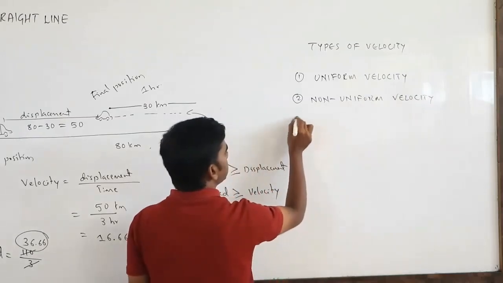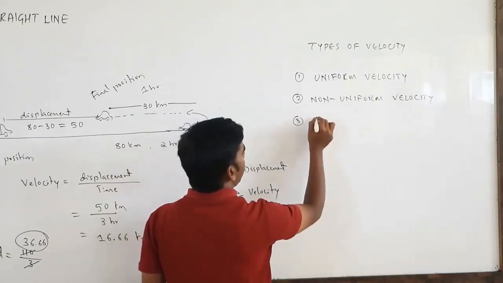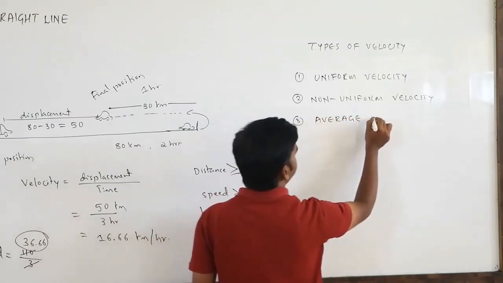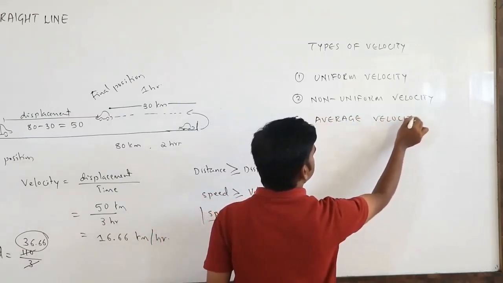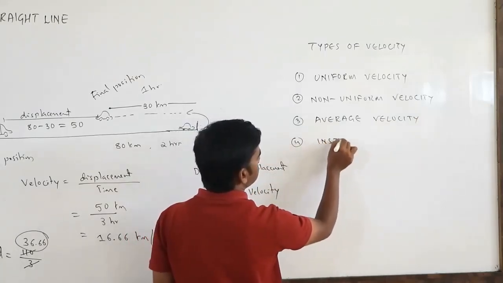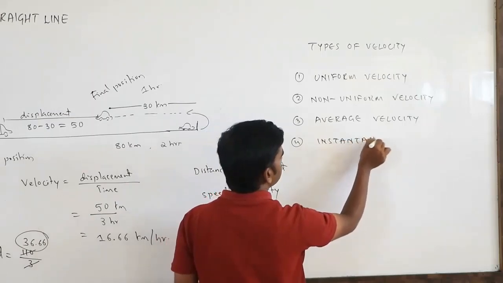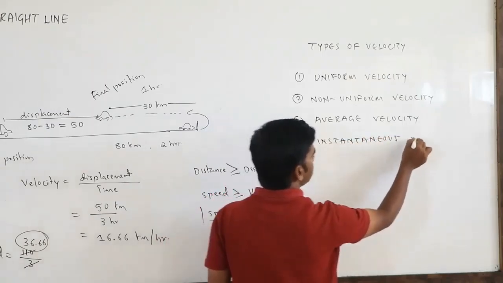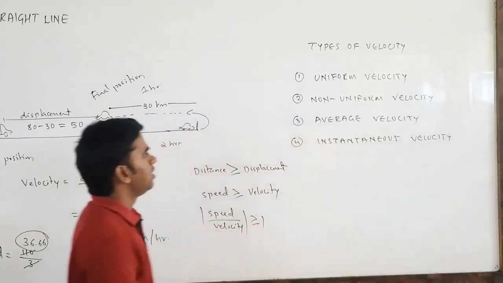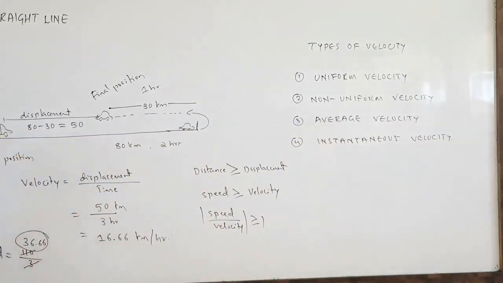Third one is average velocity. And fourth one is instantaneous velocity. So these are the 4 types of velocities: uniform velocity, non-uniform velocity, average velocity, and instantaneous velocity.